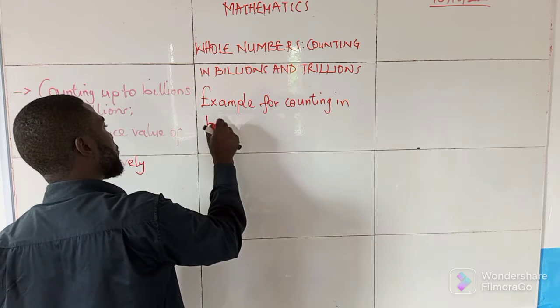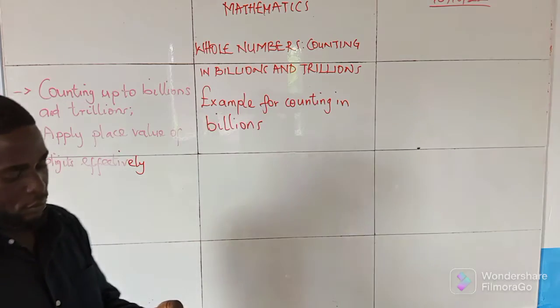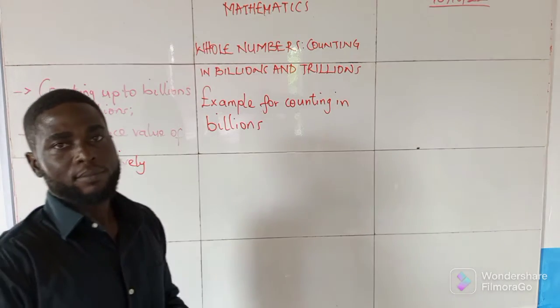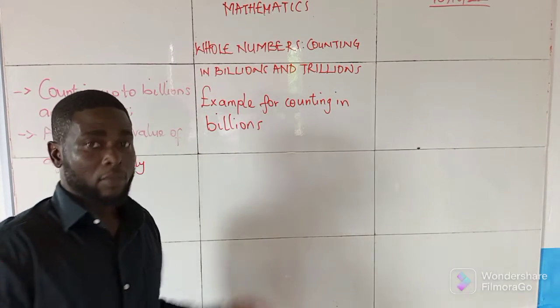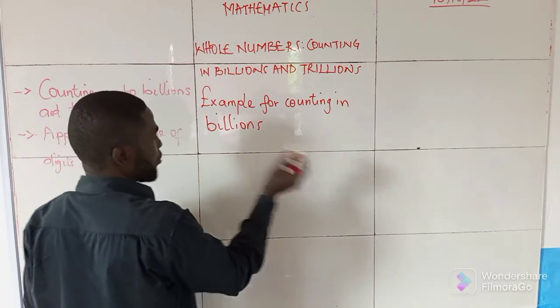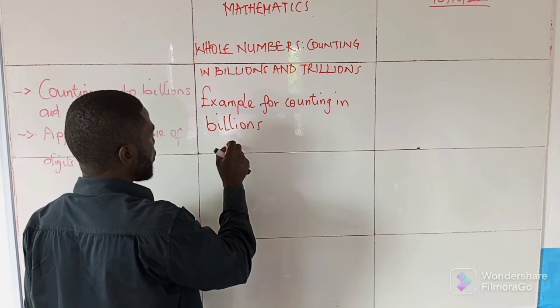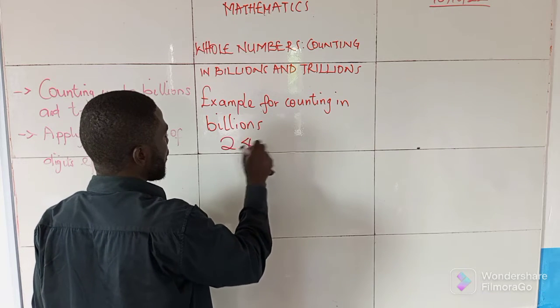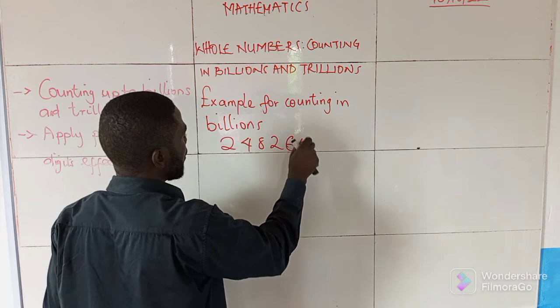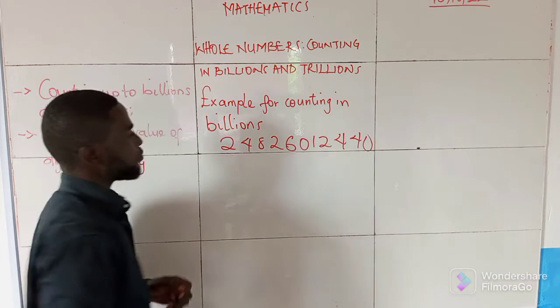Now let's take a random number. I could just pick any random number of digits. Okay, and it would be 2, 4, 8, 2, 6, 0, 1, 2, 4, 4, 0.